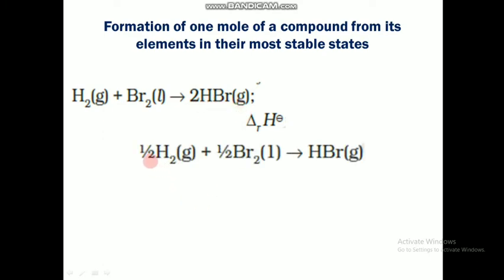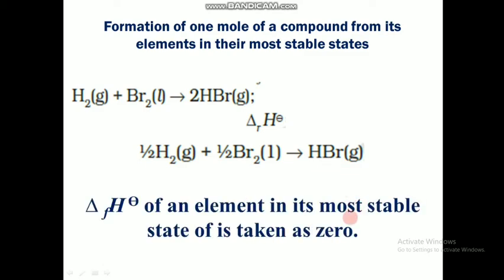Hence, the reaction will be half mole of H2 plus half mole of Br2 giving 1 mole of HBr. Now the conditions are satisfied: formation of 1 mole of compound from its elemental and most stable states. For this reaction, we can tell the enthalpy of formation.